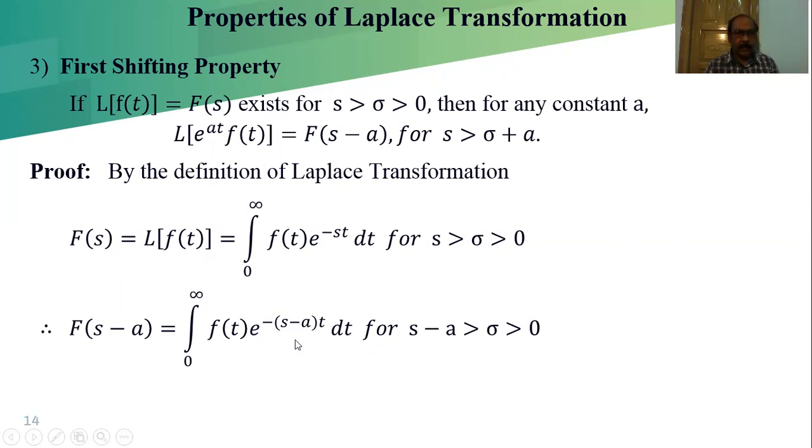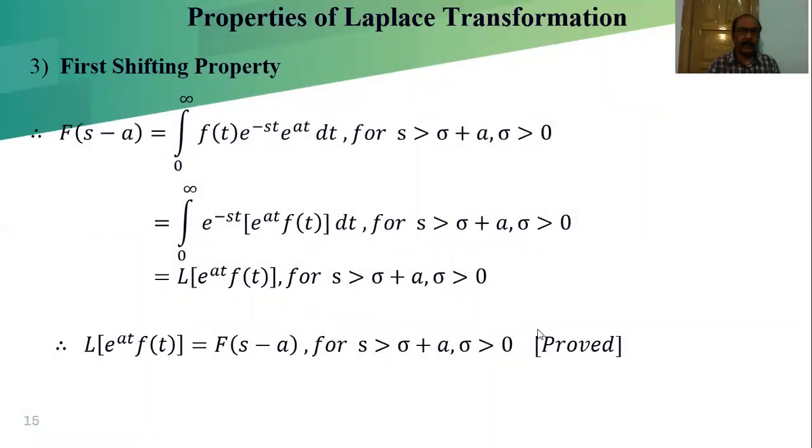This is also by the definition: s is replaced by s minus a. So the right hand side s is also replaced by s minus a. Here s greater than sigma, sigma greater than 0. Similarly s minus a greater than sigma, sigma greater than 0. So from that we will get s greater than sigma plus a and sigma greater than 0.